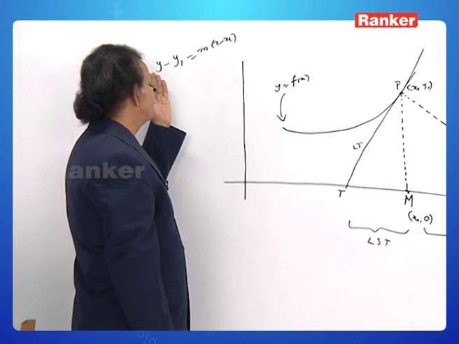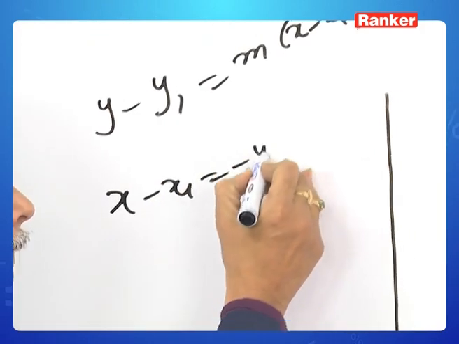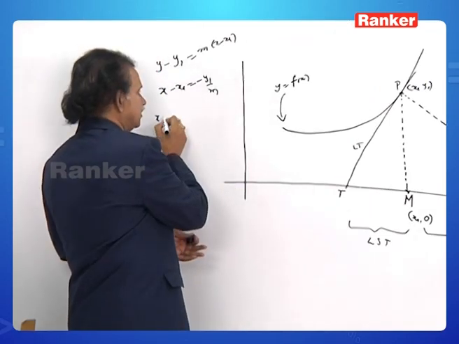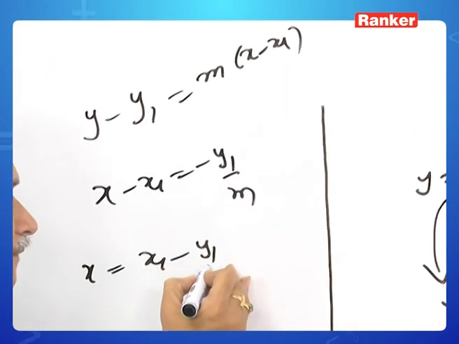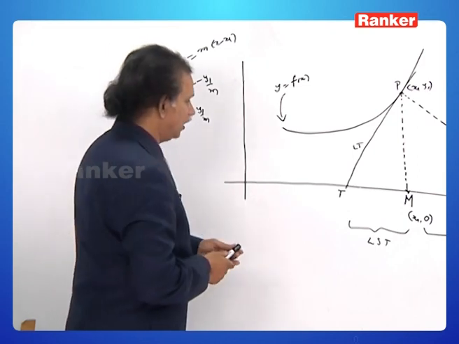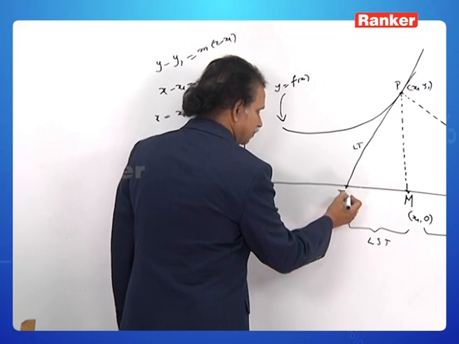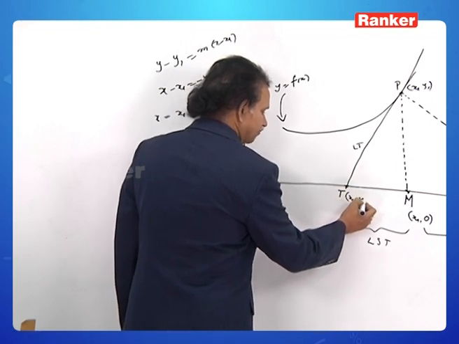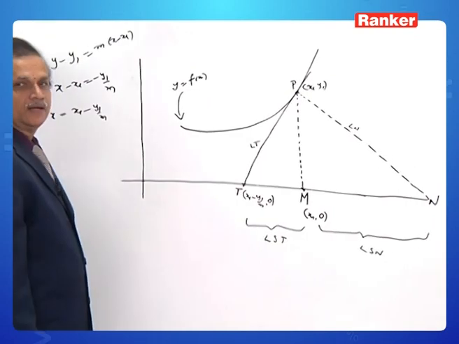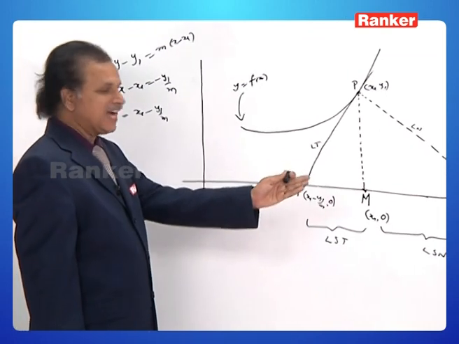If you put y is equal to 0, x minus x1 is equal to minus y1 by m, isn't it? Or x is equal to x1 minus y1 by m. Therefore, the point T is x1 minus y1 by m, comma 0.